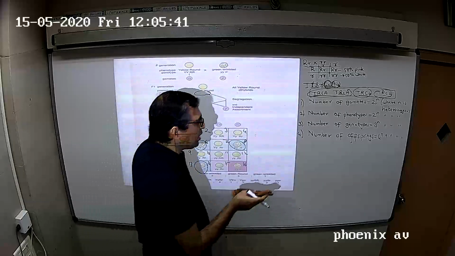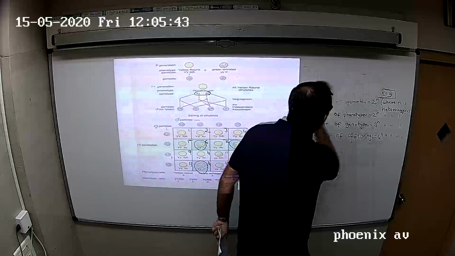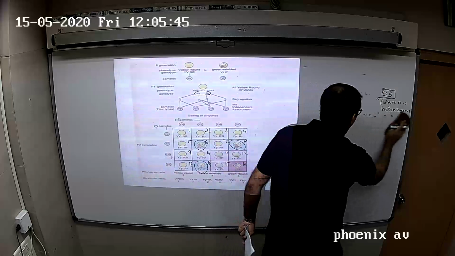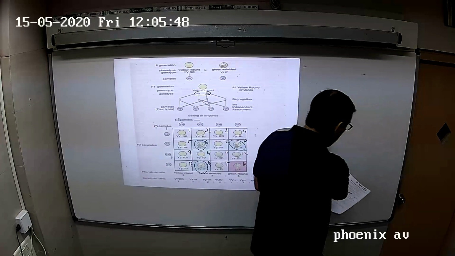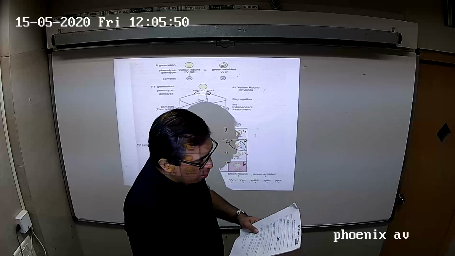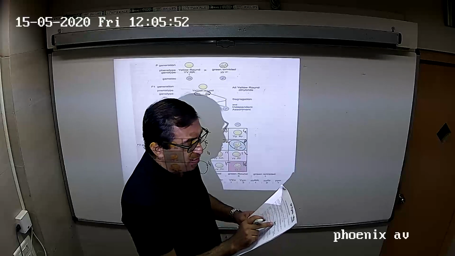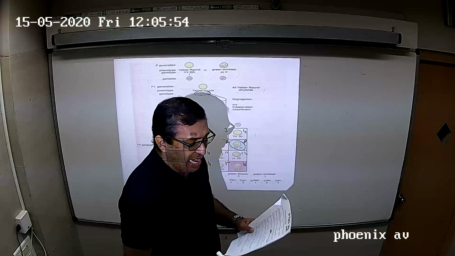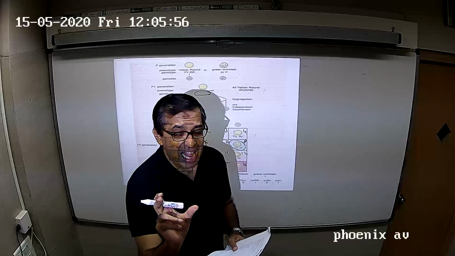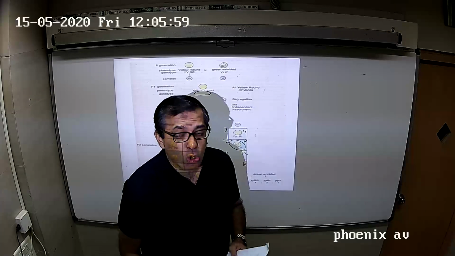So here the question is, what will be the number of pea plants with axillary flowers and green pods at the end of a dihybrid test cross?